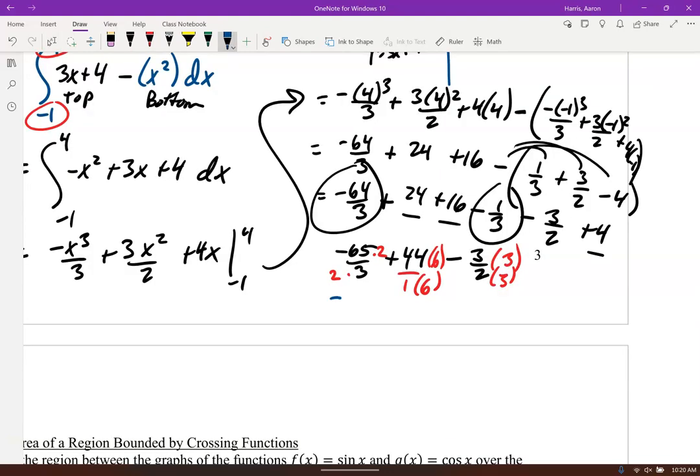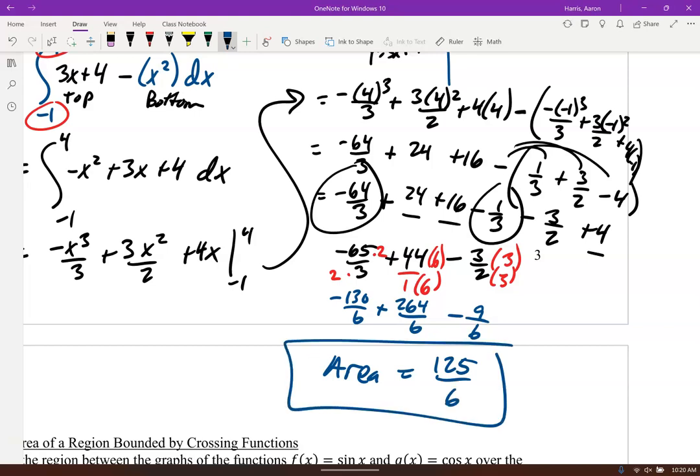So I got -130 over 6, 264 over 6 minus 9 over 6. So your area ends up being 125 over 6. I think that's all simplified there.